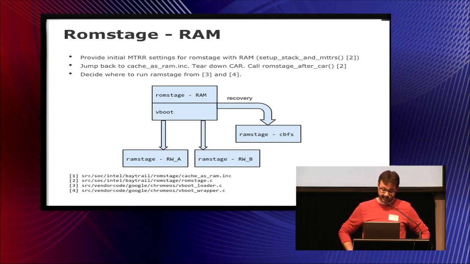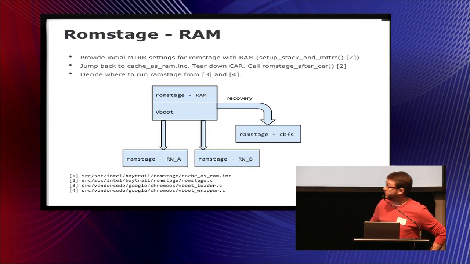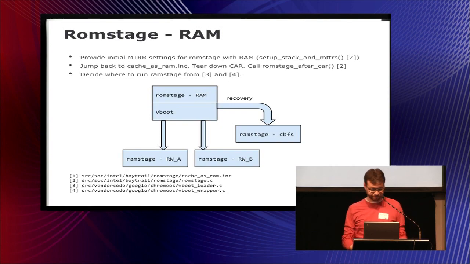But this picture should look somewhat familiar because we have the 3 copies of RAM stage that are always in our systems, 2 in read-write A and 2 in read-write B. And then we have the fallback in the read-only portion of our SPI ROM in CBFS.